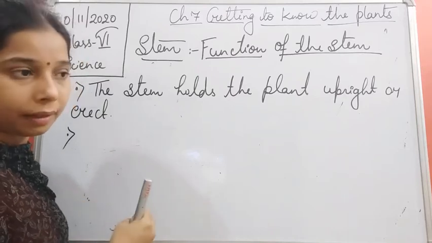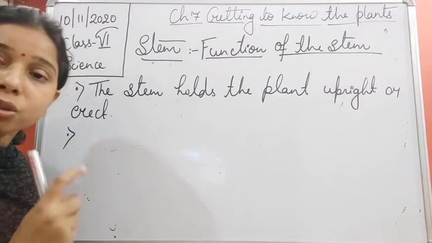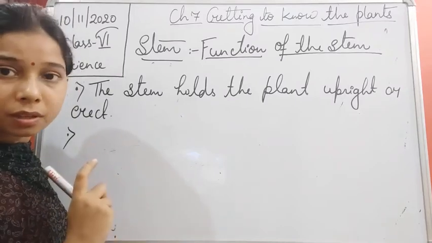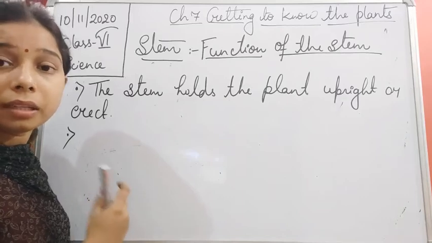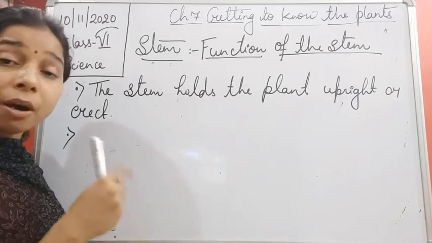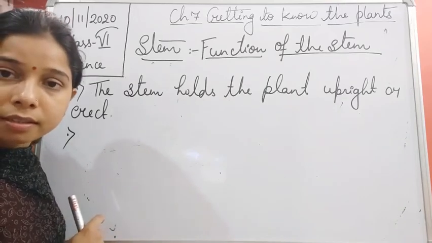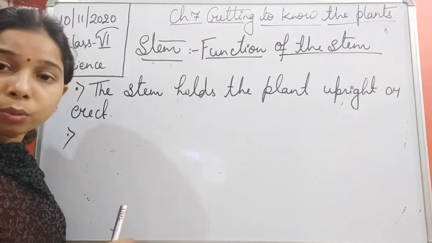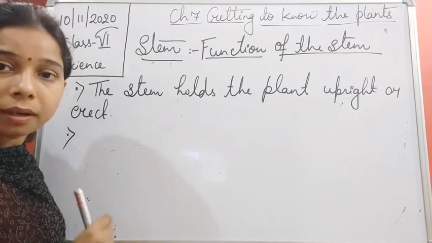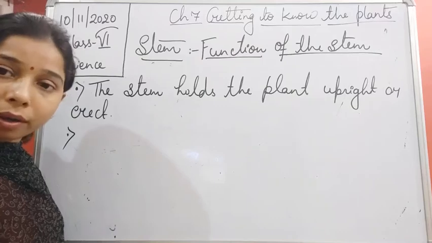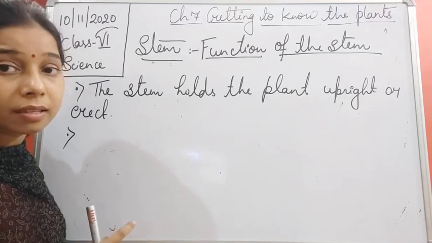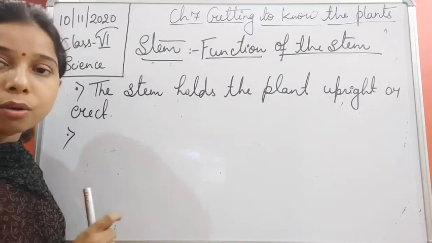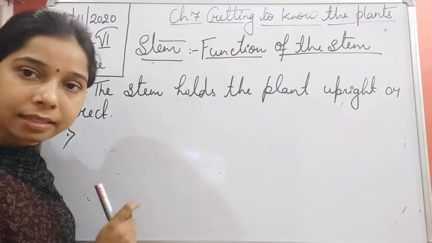So this water and mineral should reach where? To the leaves, because the leaves need water and minerals to perform the process of photosynthesis. It is the root which helps in absorbing the water and minerals. Now this water should be carried to the leaves so that photosynthesis, or food making, can take place easily.